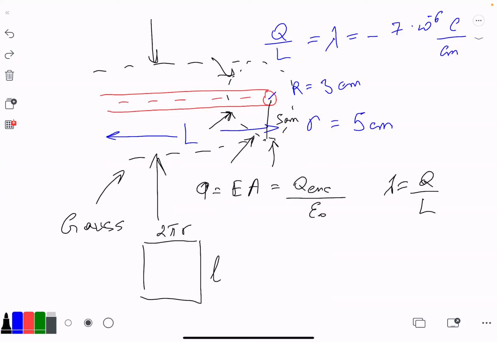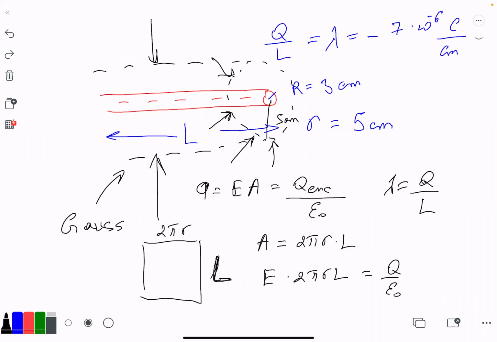Let me make it big L, because this is big L. So L times 2 pi r, right? Then the area of this rectangle will be 2 pi r times L. So we say that the electric field times the area 2 pi r L is also equal to Q divided by epsilon naught.